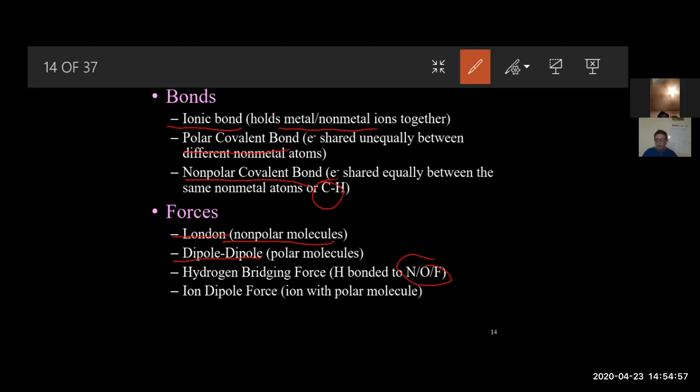If that polar molecule involves a hydrogen bonded to nitrogen, oxygen, or fluoride, then you're dealing with hydrogen bridging forces or hydrogen bonding force, okay? And then finally, you have a polar molecule like water, an aqueous system. You have an ion dissolved, and the only force involved there is simply the ion dipole interaction.